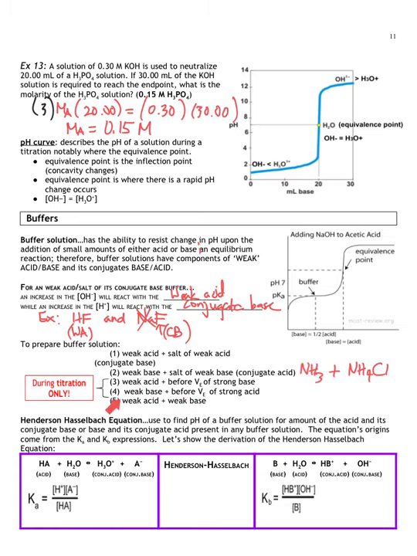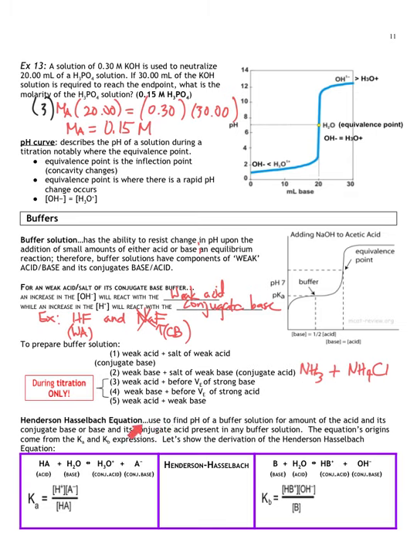The next example is a weak base, and the opposite is true: if you're titrating a weak base with a strong acid, right before the equivalence point you'll see the weak base and its conjugate acid present. And the 5th way is one of the simplest, which is just adding a weak acid with a weak base together, and now you have a buffer solution. So these are the 5 ways to create a buffer solution.